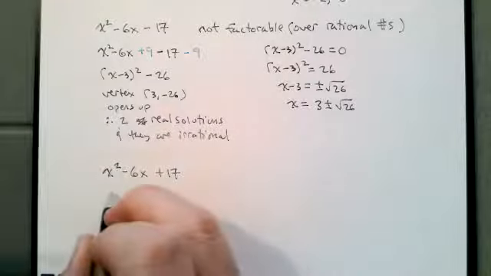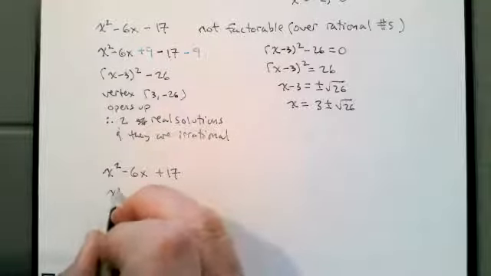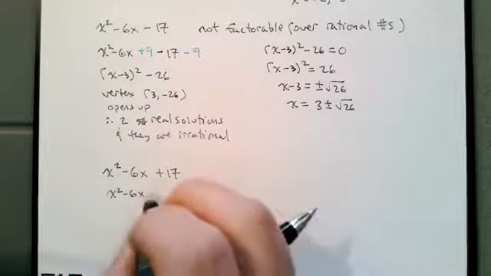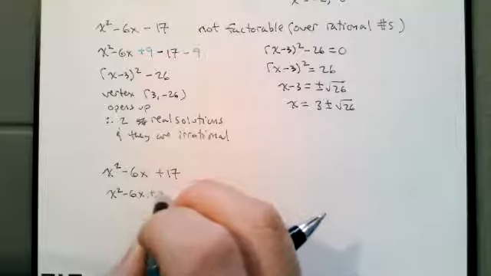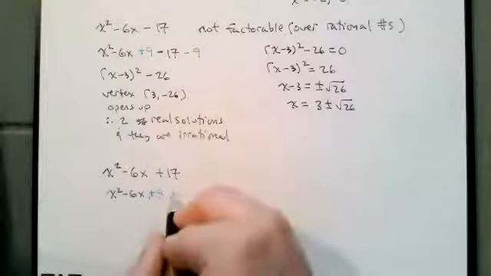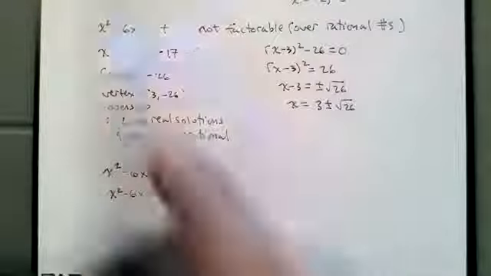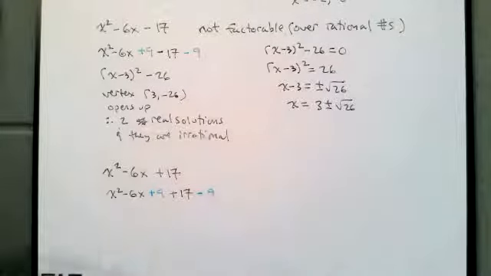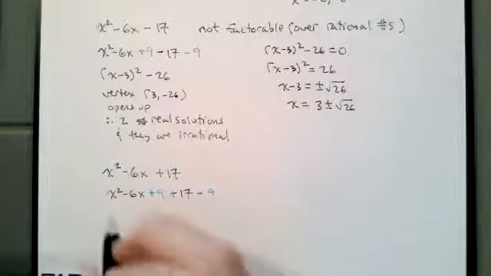Because when we complete the square, I'll need an x squared minus 6x plus 9 plus 17, and then minus 9, we can see that the constant term in the vertex form is going to be positive. So the vertex is going to be above the x-axis, and the parabola opens up because of the positive leading coefficient. So we have no real solutions.